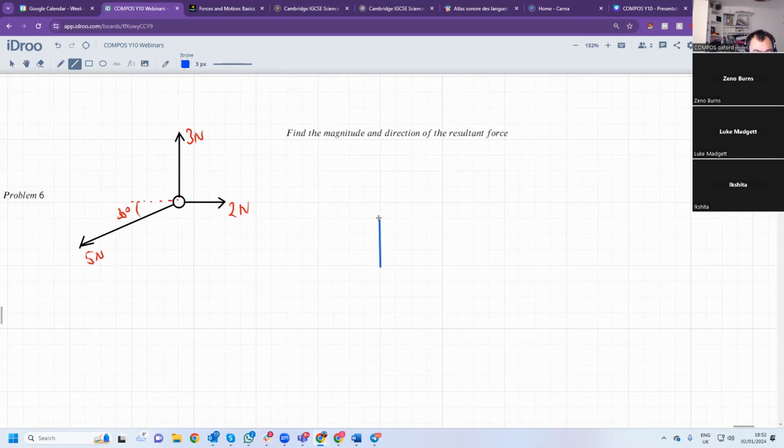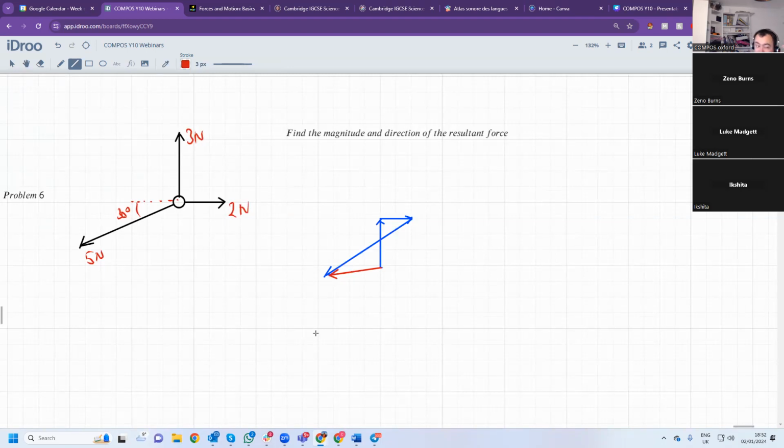So 3 newtons, 1, 2, 3, 3 squares, 2 squares, plus 2, and plus 5, but at an angle. Now this bit is tricky. It's like this. So your result should be something like this.